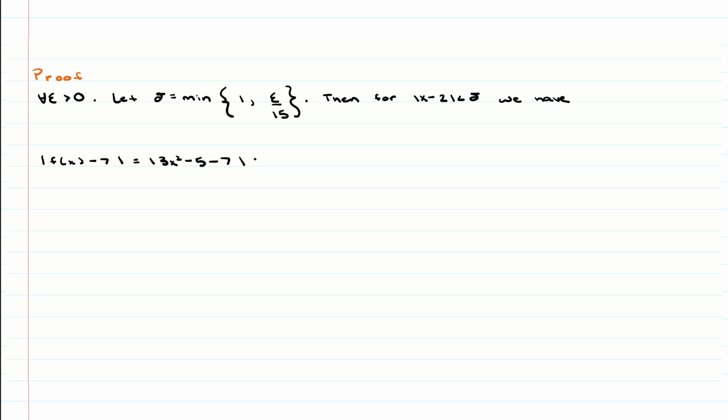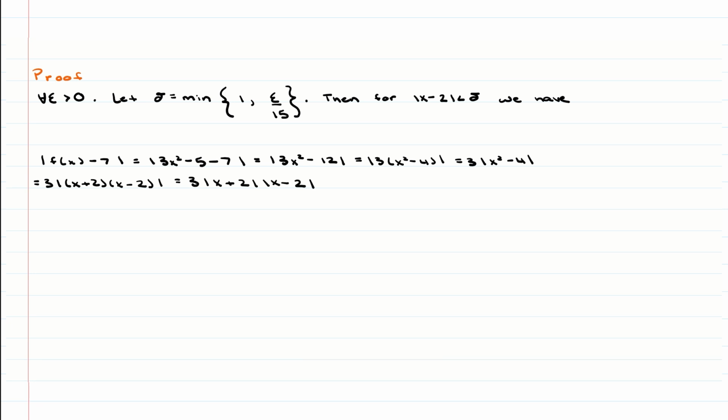So we're basically just going to follow the work that we did in the scratch work. Minus 12, factor out the 3 outside of the absolute value, equals 3 times the absolute value of x + 2 times x - 2. Give them each their own absolute value.